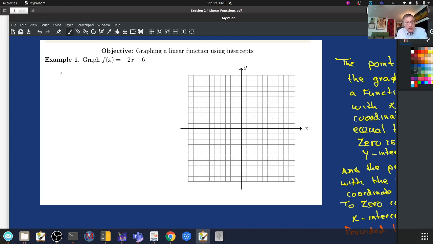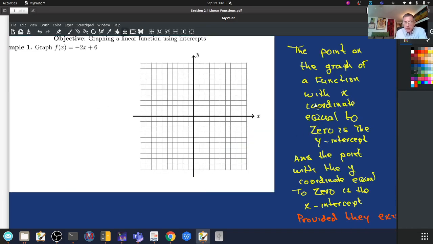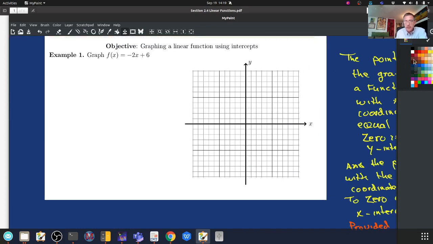You can find the y-intercept by plugging in. A point on the graph of a function with x-coordinate equal to 0 is the y-intercept. So you can find the y-intercept by evaluating f of 0, because that's the input value.